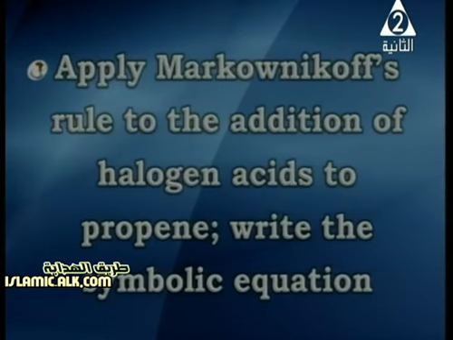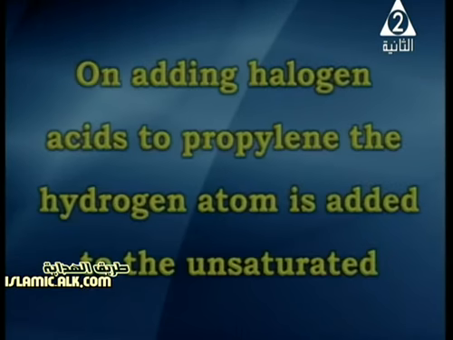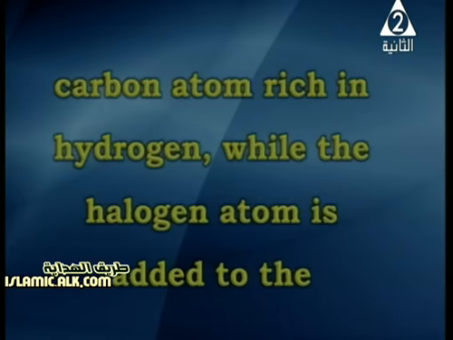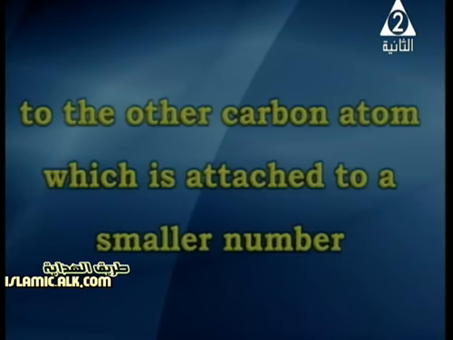Next one, apply Markovnikov rule to the addition of halogen acid to propene. Write the symbolic equation. The solution: on adding hydrogen halide to propylene, the hydrogen atom is added to the unsaturated carbon atom which is rich in hydrogen, while the halogen atom is added to the other carbon atom, which is attached to the smaller number of hydrogen atoms.